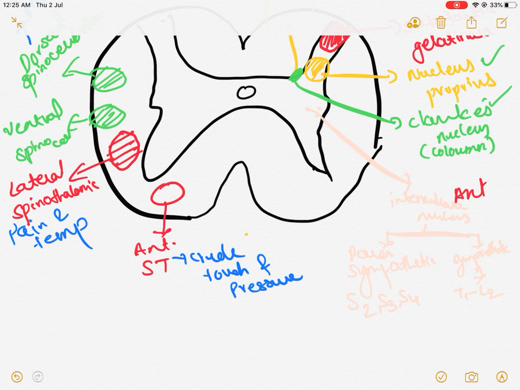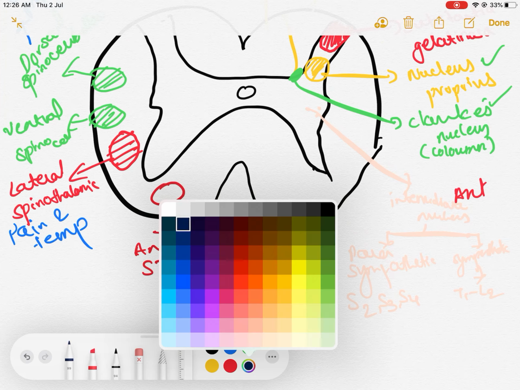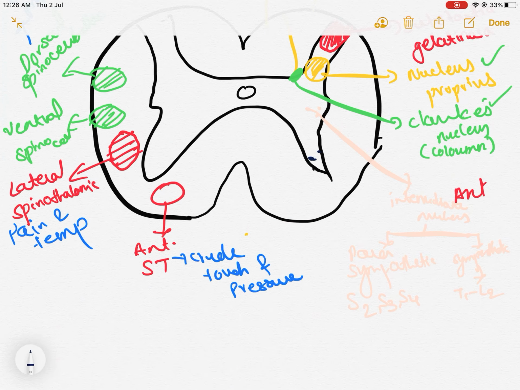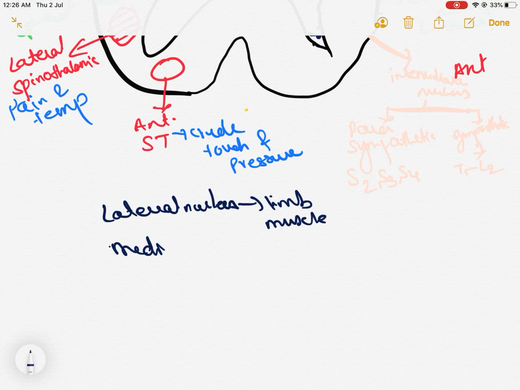Okay, and now coming to the anterior horn. Anterior horn cells are basically three types. One is medial, one is lateral, one is intermediate. The lateral, L for L, you remember the lateral nucleus, I'll write it separately here. Lateral nucleus is for limb muscle. Medial is for midline muscles.